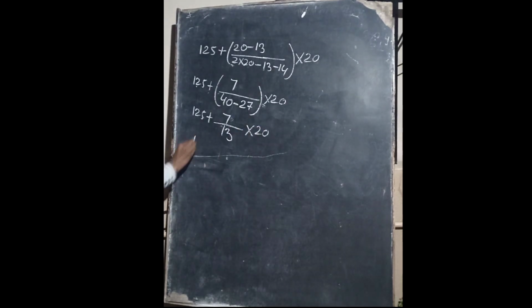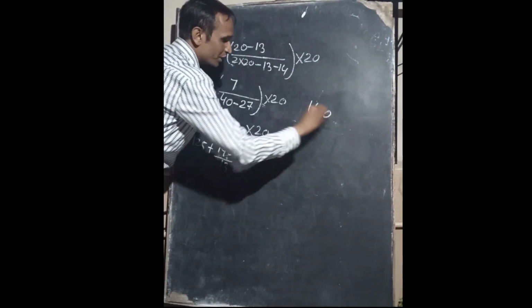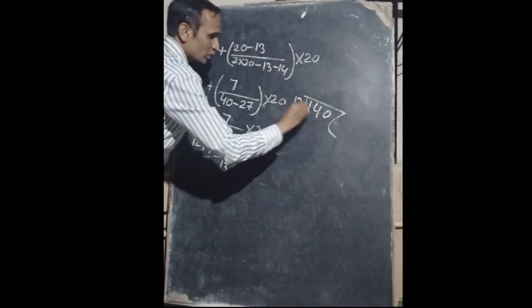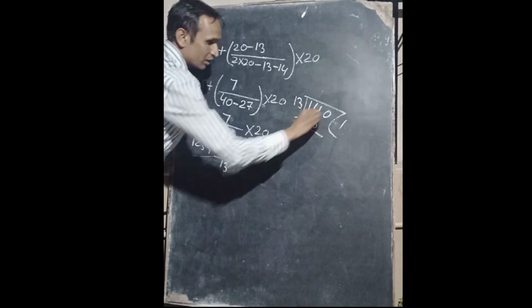Now we can write it like this: 125 plus 140 divided by 13. Now we divide and then add 125, otherwise you can add in fraction form also. Okay, we are dividing it: 140 divided by 13. 13 ones are 13, remainder 1.